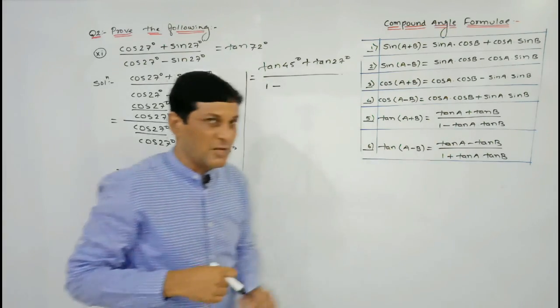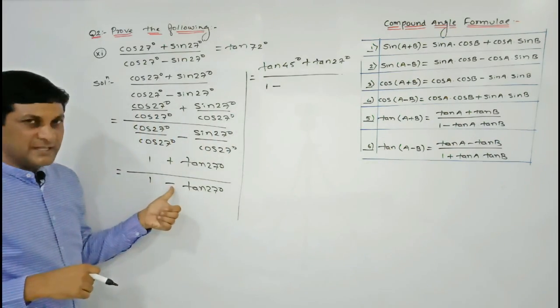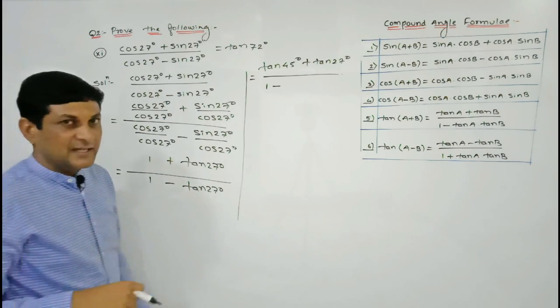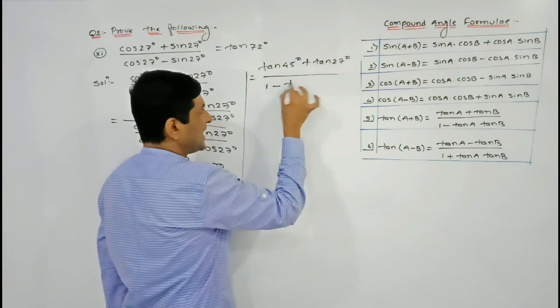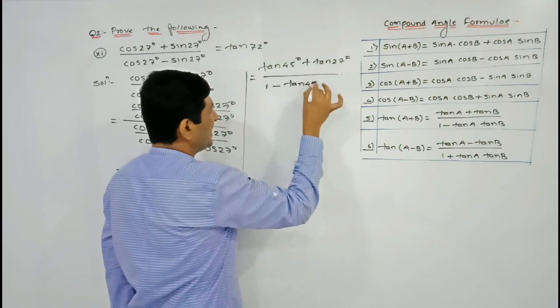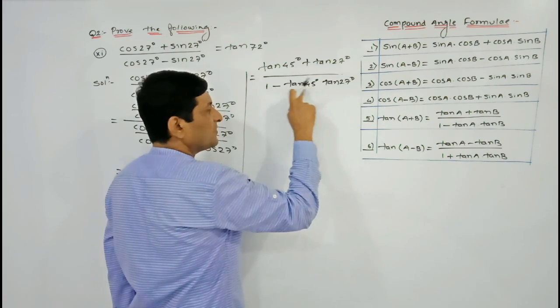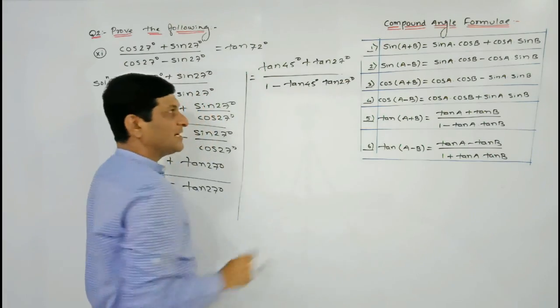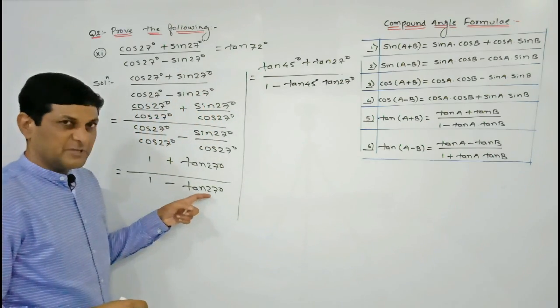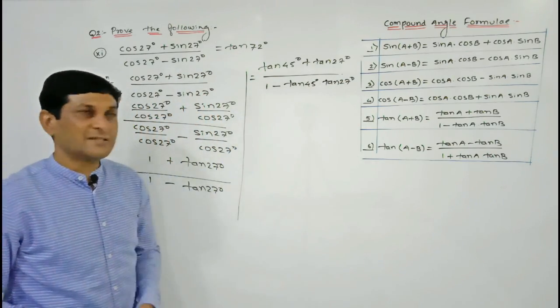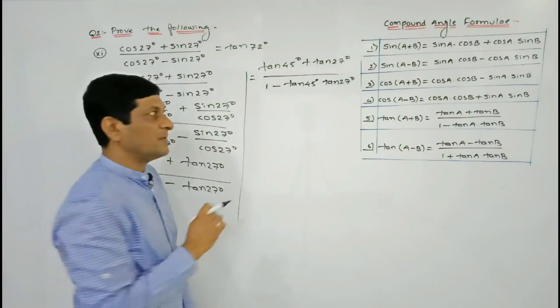Tan A into tan B. Already here 1 minus is there, tan 27. Can I write it as tan 45 into tan 27? Yes, because tan 45 is what? 1, and 1 into tan 27 is tan 27, which means tan 27 can be written as tan 45 into tan 27.